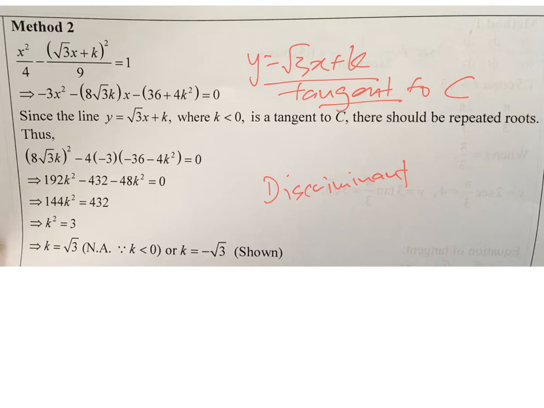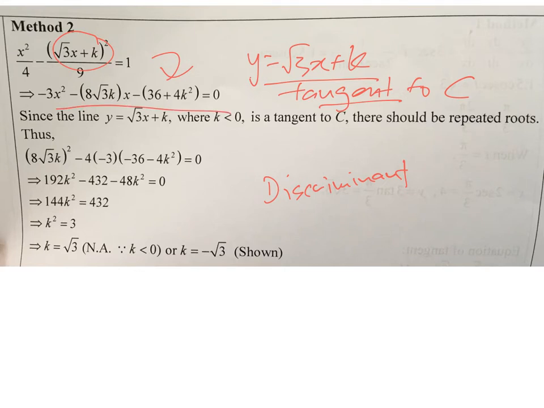What we can do is find the intersection of the tangent and the curve C by substituting the equation of the tangent, root 3 x plus k, into the equation of the curve C, which is the hyperbola. From here, we do some manipulation of the equation to form a quadratic equation in x.